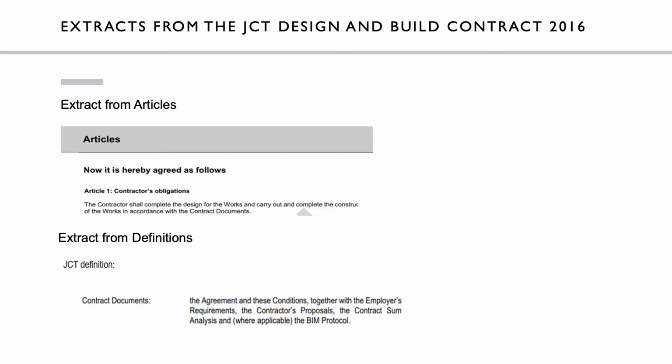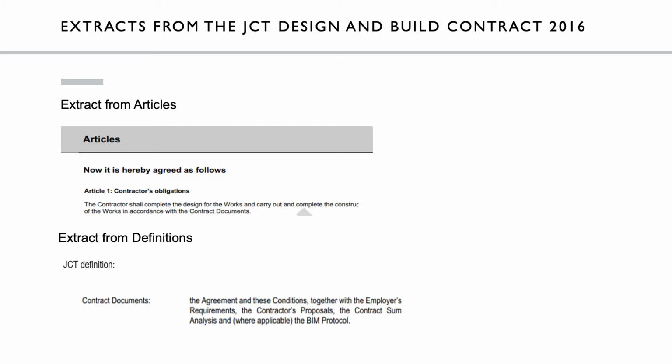What makes up a JCT contract? In a JCT contract, the contractor is required to carry out and complete the works in accordance with the contract documents. Each JCT contract contains a definition of the contract documents, which, just as it sounds, is a list of the documents that form the contract.